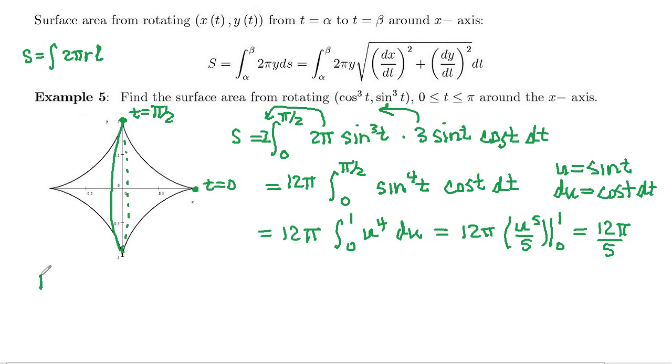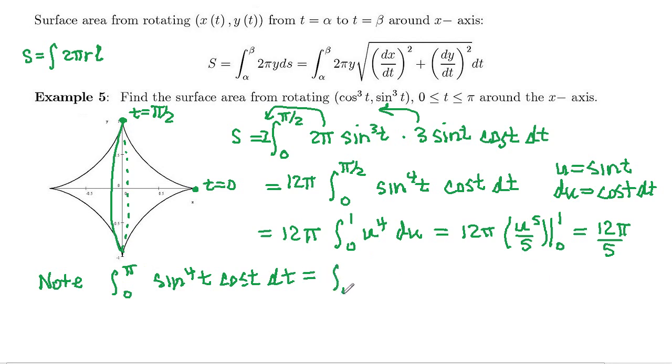Now notice again here that if you would have done the integral from 0 to pi of sine to the 4th t cosine t, then when you plugged in your substitution, sine of 0 and sine of pi, they're both 0.